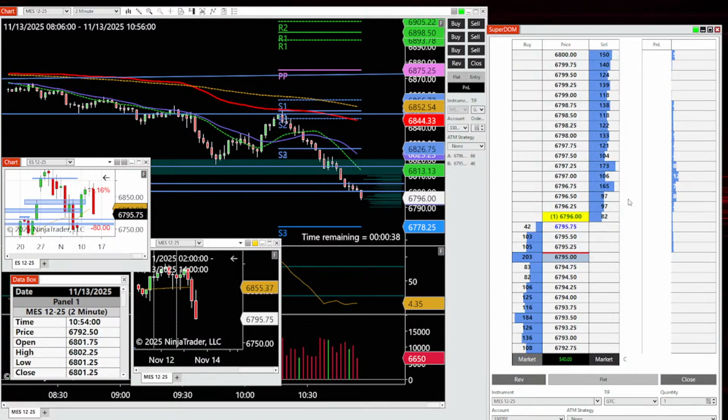$95. Get a pop, get a pullback. Little breaks. They get a lower low, and then a little pop, lower low, pop, lower low.